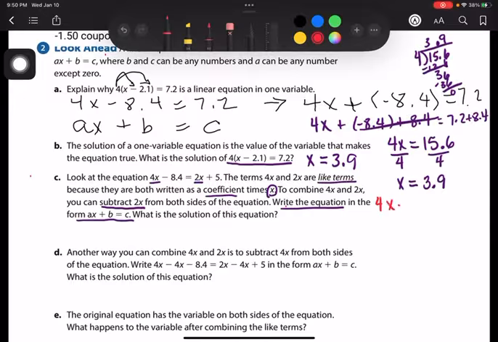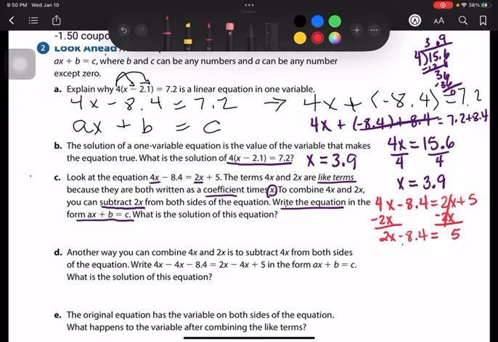We have 4x minus 8.4 equals 2x plus 5. I'm going to subtract 2x from both sides because I want my variables on one side and my constants on the other. That gives me 2x minus 8.4 equals 5, because when I subtract, this goes away.